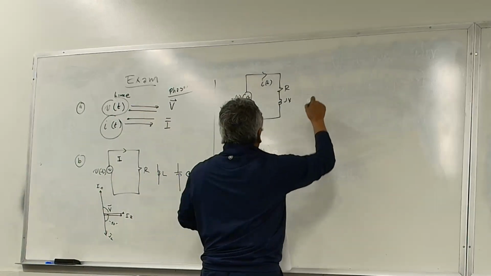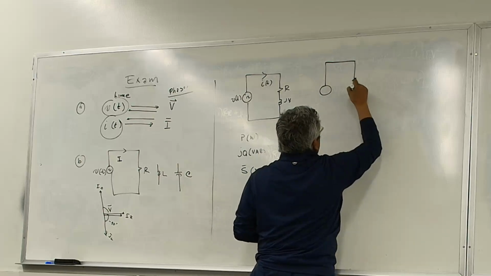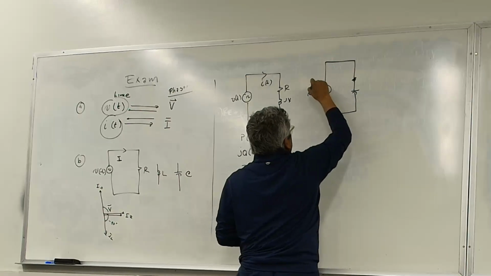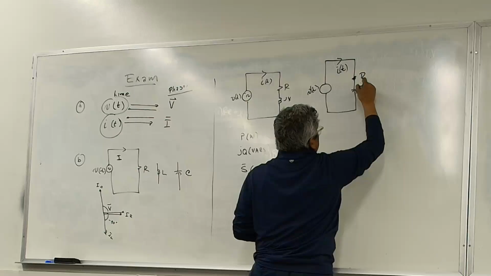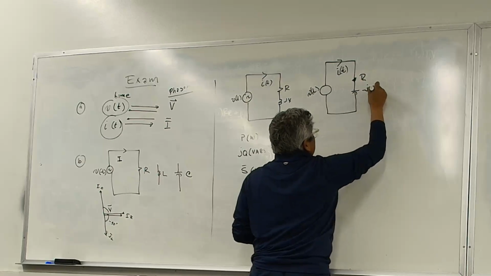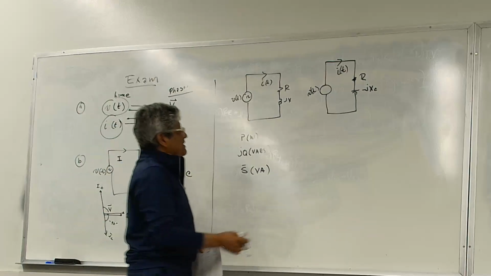Or if I give you a circuit that looks like this, R, C, v(t), and i(t), you should be able to do that too. Remember, this one is negative jXc, so don't forget that.